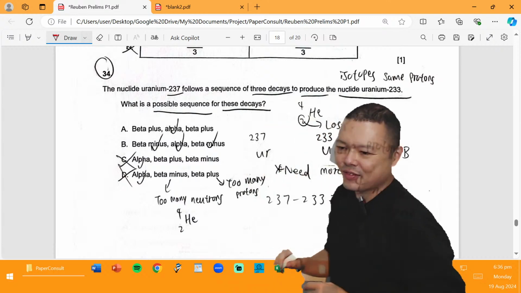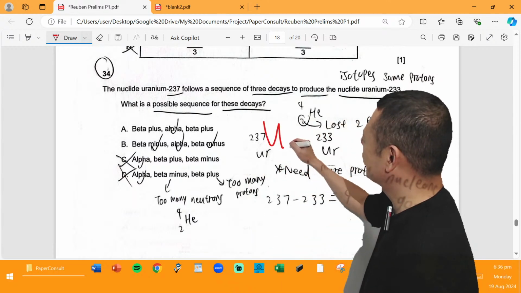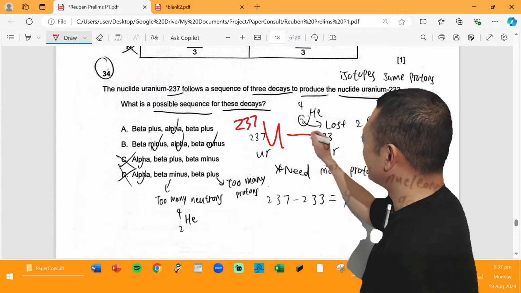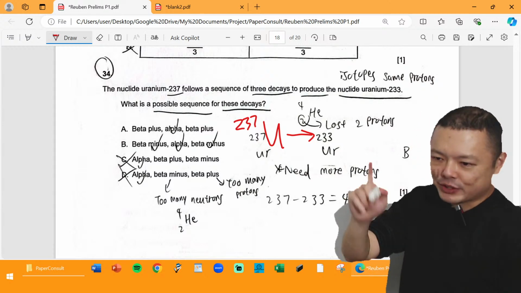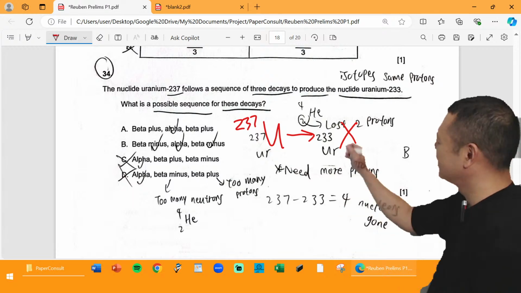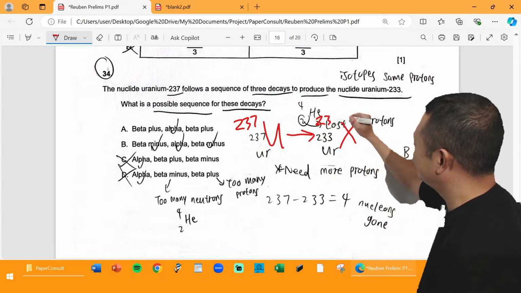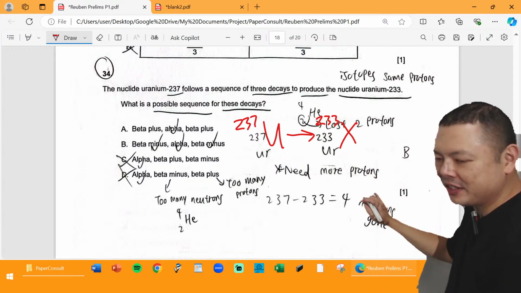This is a really Mensa-type question. Okay, uranium 237. If you alpha decay, what will happen? The element will change. It becomes something else, you know. The element will change.